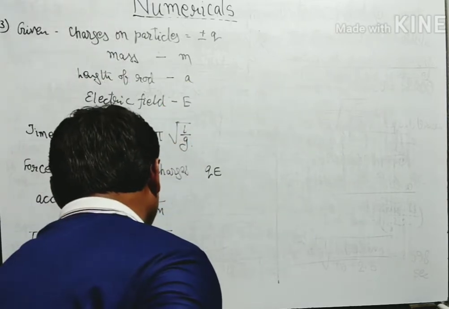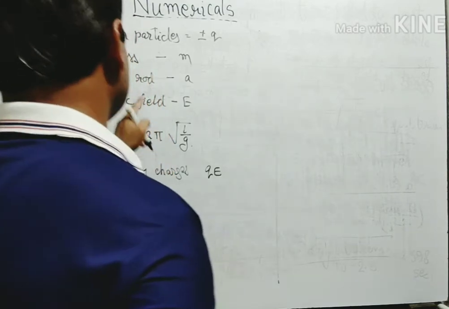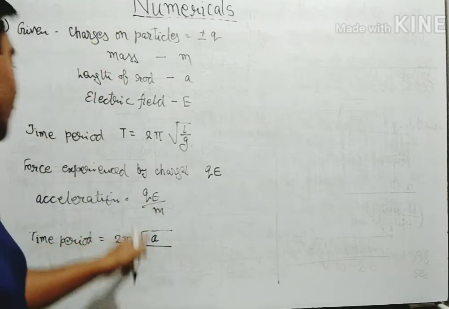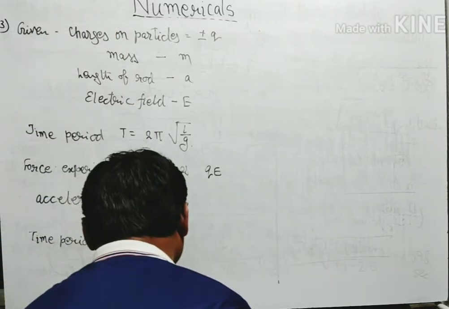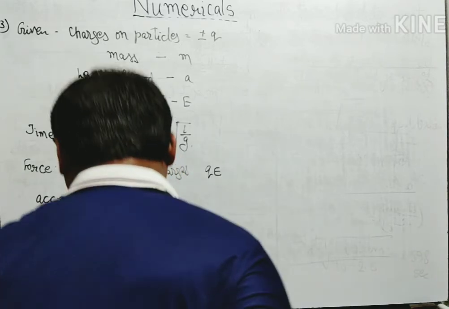So this is A as L upon g. Instead of g we take this acceleration, so this is QE by M.